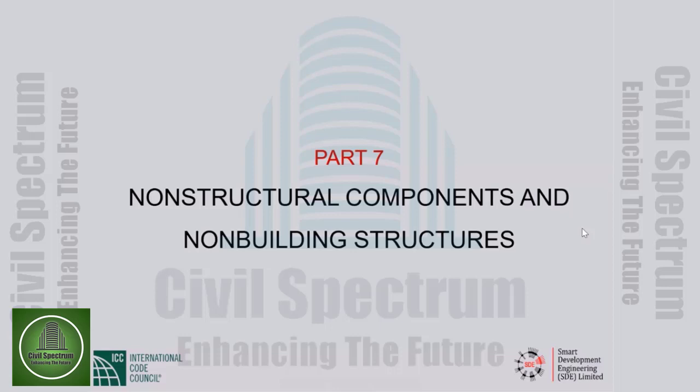And wind and earthquake are never considered simultaneously. So you will typically calculate deflection due to wind and keep it within the tolerable limit, which is height over 500. And you will calculate interstory drift due to the design earthquake forces and keep them within tolerable limits as given in ASCE 7 or BNBC.